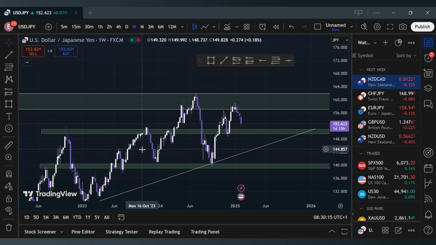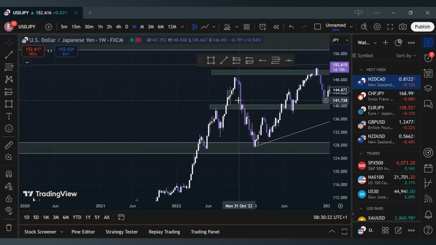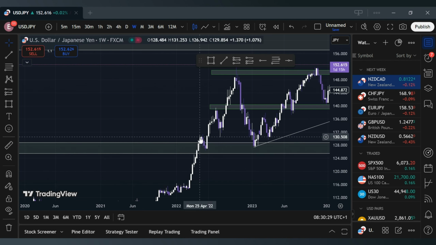So the market formed higher highs, or I can just say we came buying, broke this support and resistance zone. This resistance zone in this case, retested it and kept pushing up.